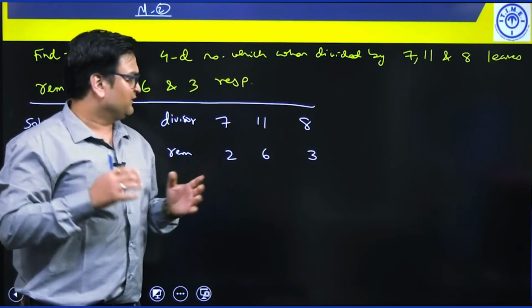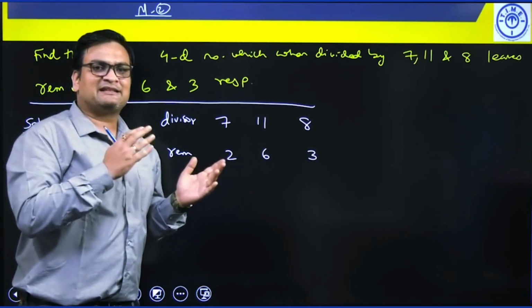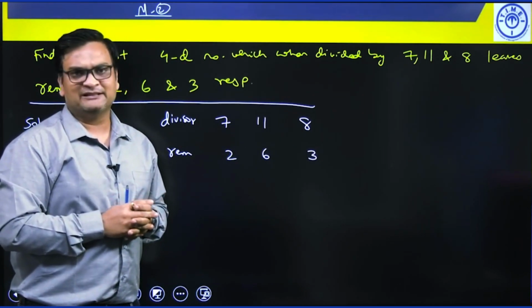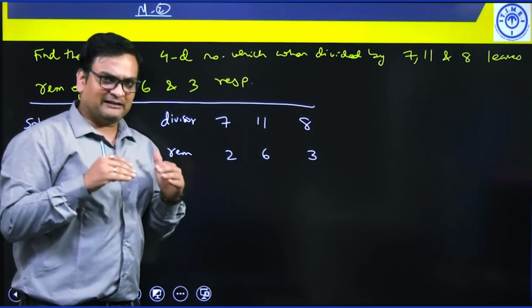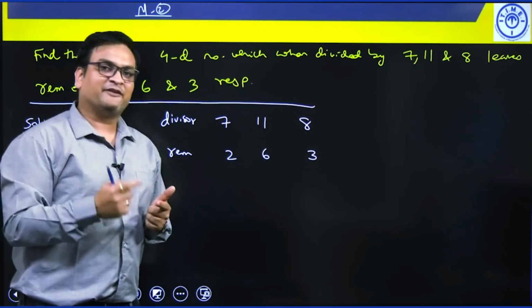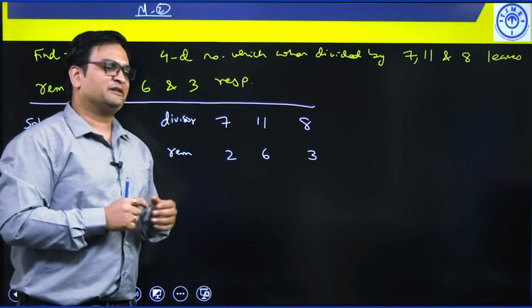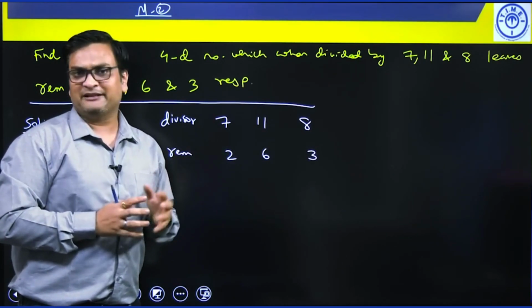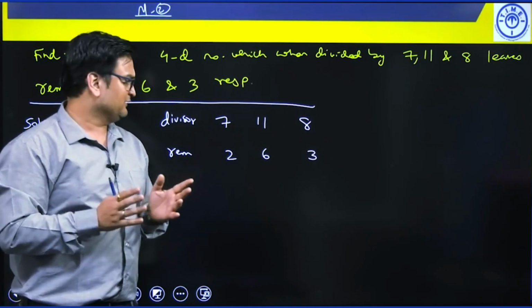Observe, in the previous classes we have seen the concept of negative remainders, right? We never answer it as negative in the exam, but for our convenience we can convert a positive remainder to a negative remainder.